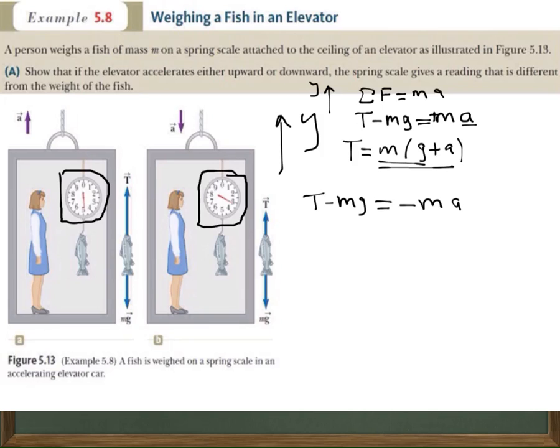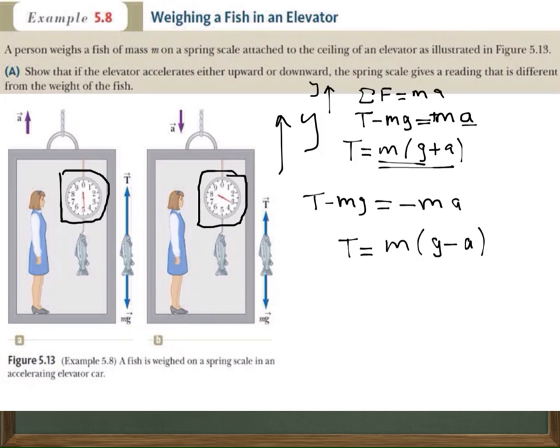If you solve for T, because T is a measure of your weight, T equals m times g minus a. So this time the tension in the rope is less, because you subtract a from g and you have less weight.